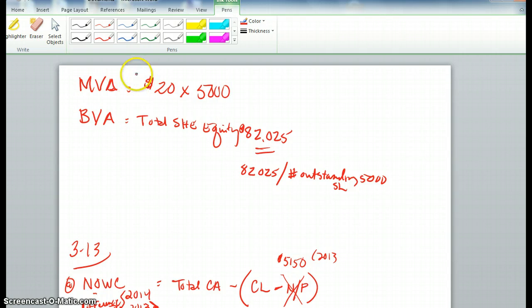Market value, $20 a share times 5,000 outstanding shares.